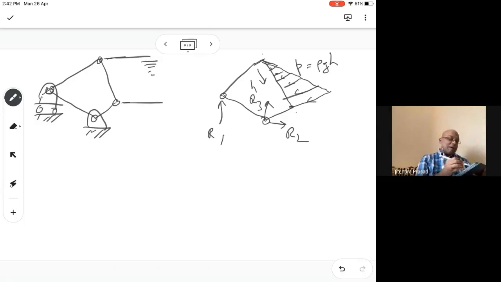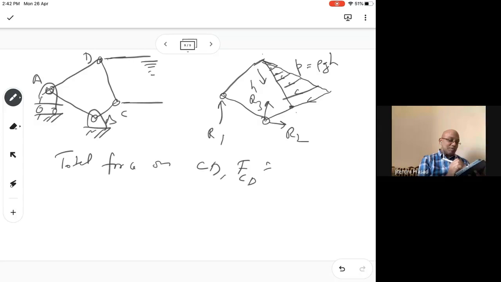Now, in order to find out, you know that in this case, 2/3 will come here and 1/3 will go there. So total force, let's say A, B, C, D. So total force on CD, say FCD, is equal to half multiplied by rho g h, multiplied by the length CD.